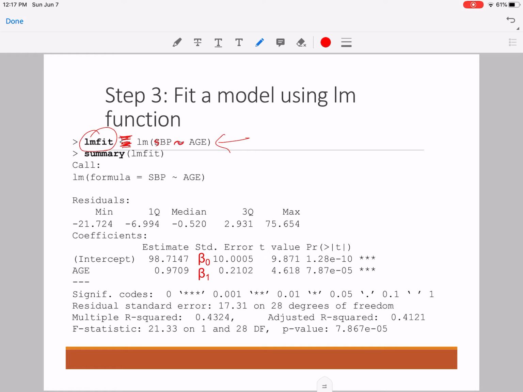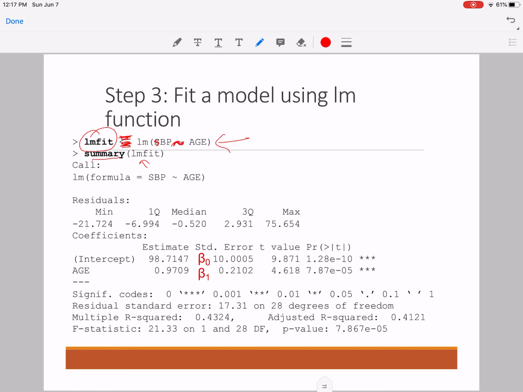So the tilde sign here denotes a function. So SBP is a function of age. So that fits the model. And if I would like to summarize the model, if I would like to find the properties of the model, I just type summary and pass lmfit as an argument to this function. So it's going to give me a nice summary of my model.